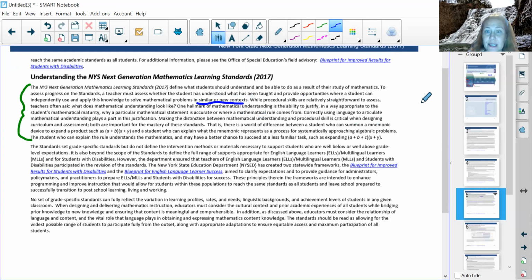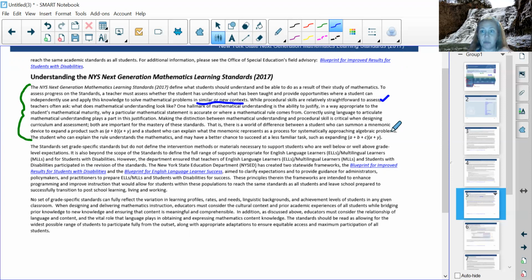While procedural skills are relatively straightforward to assess, and that's one of the reasons that I think sometimes the conceptual understanding piece might get neglected in favor of procedural skill, because procedural skill is really easy to assess. It's really easy to write a test that assesses procedural skill.